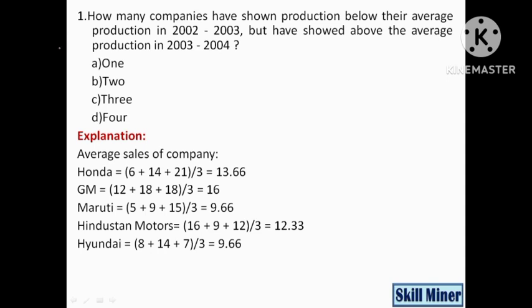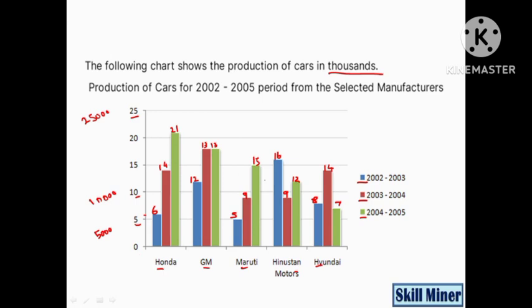Now we can move to the first question. How many companies have shown production below their average production in 2002 to 2003 but have shown above their average production in 2003 to 2004? For this, we need to find the average values.